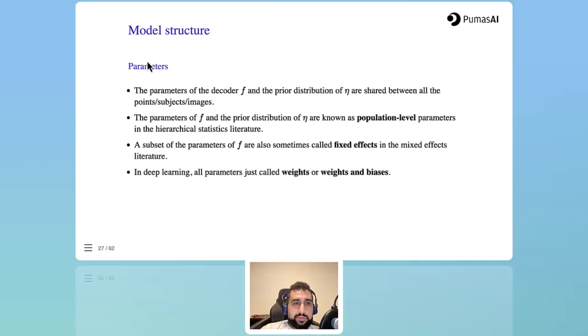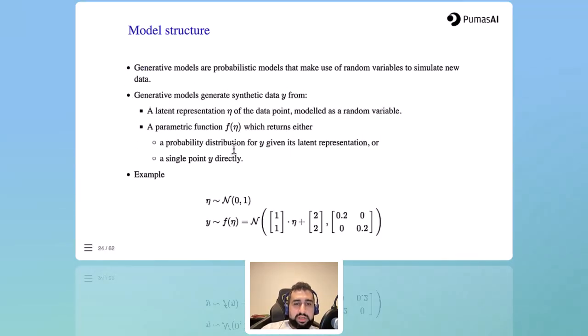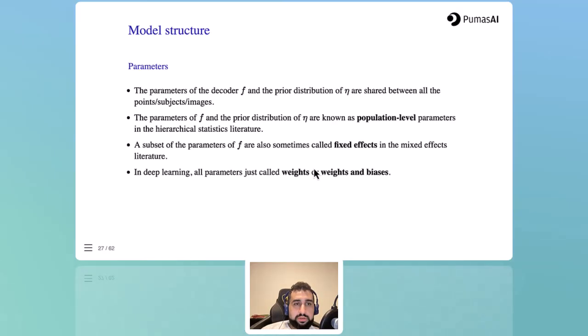Now, let's talk a bit about the parameters. So far we've assumed, for example, in this simple example, that all these parameters are known ahead of time. But we're obviously not going to assume that when we're actually trying to fit or train these models. Generally there are parameters for the decoder function, and that's where most of the parameters are going to be, most likely.